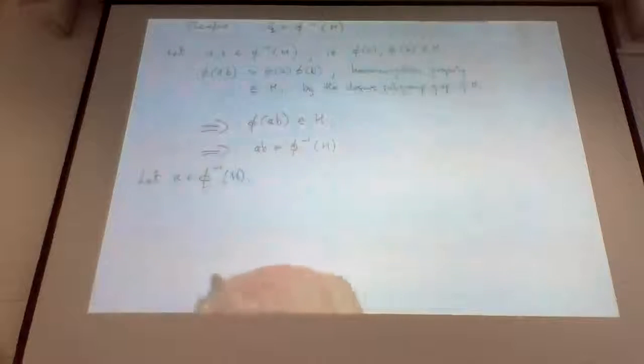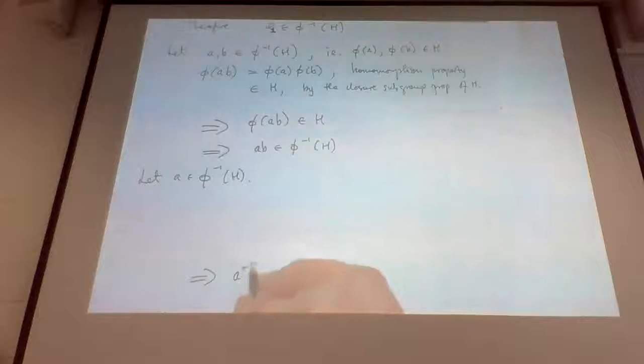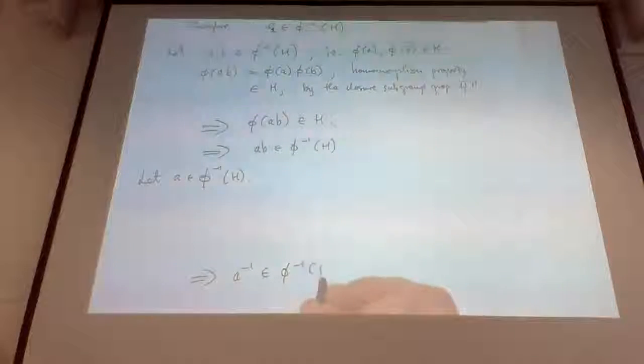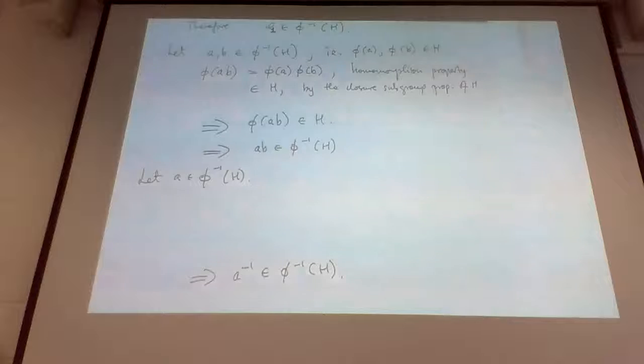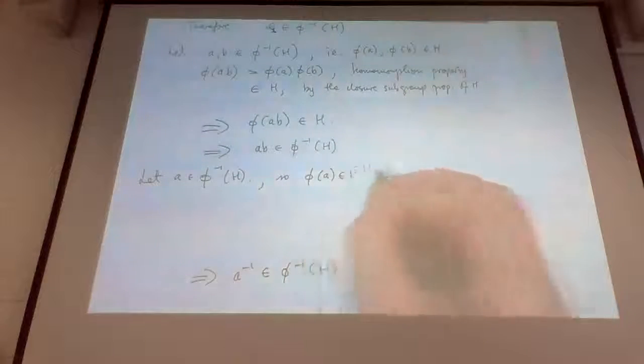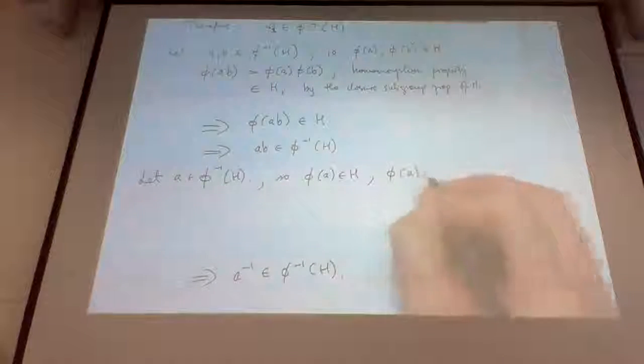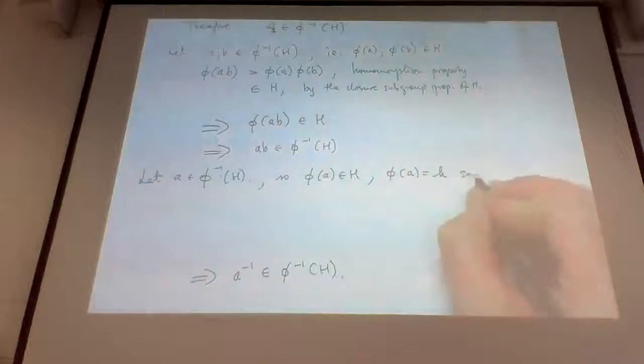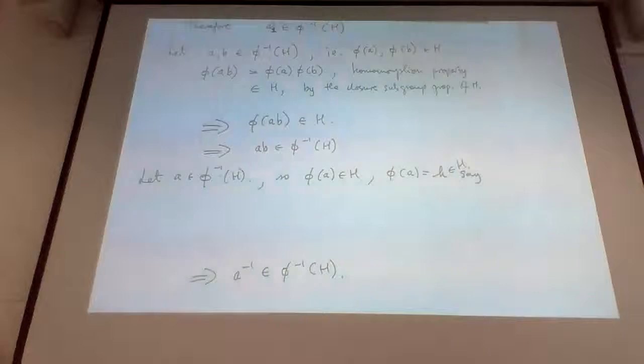So what we want here is to know that A inverse is in phi inverse of H. That's to show the closure under inverses property. So that means phi of A is in H. Say phi of A equals h, just to name it.